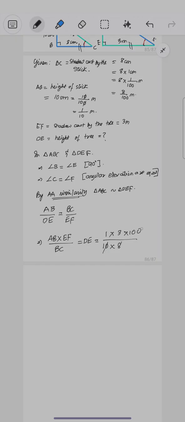The 10 cancels. The answer will be 30 by 8, 2 4s are 8, 2 15s are 30, so 15 by 4. 4 3s are 12, 13, 14, 15. So 3.75 meter will be your answer.